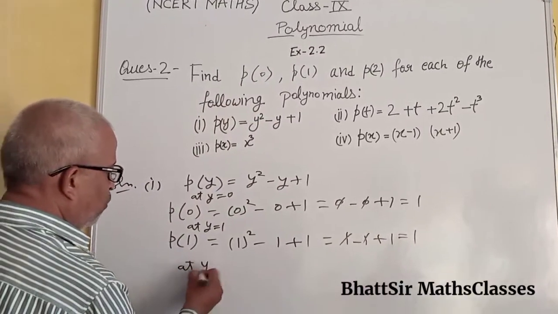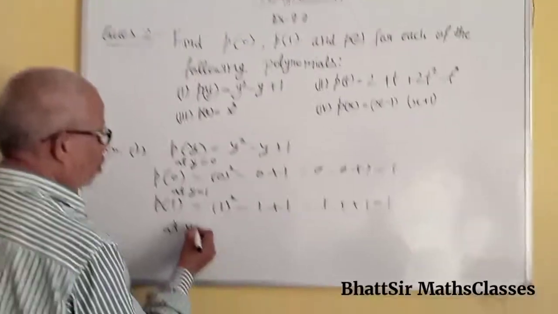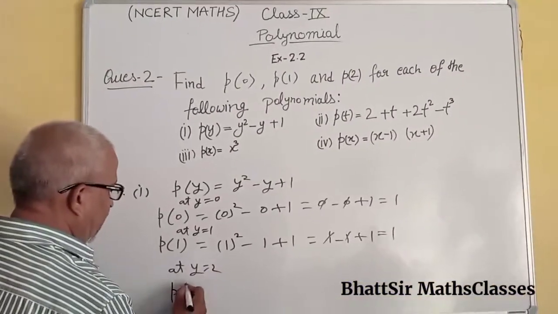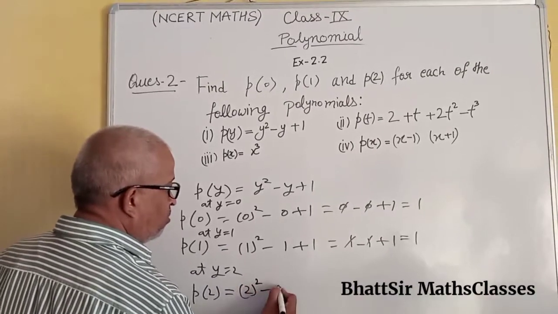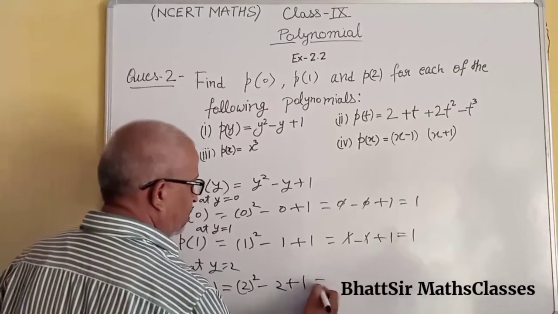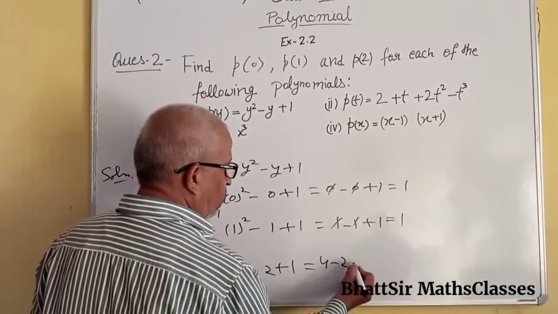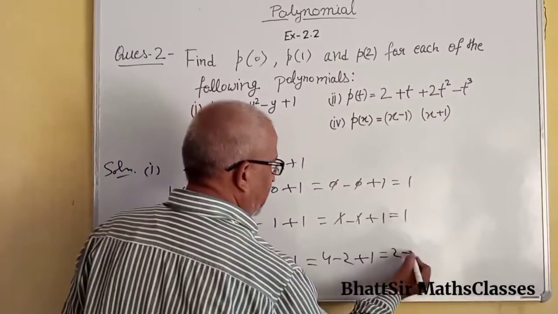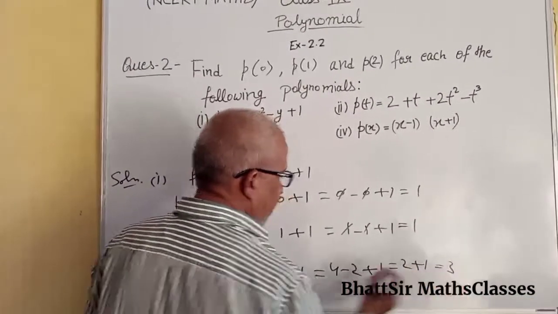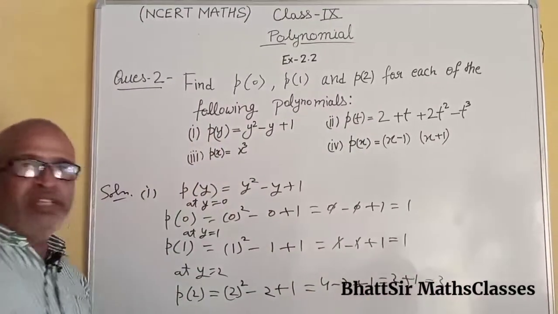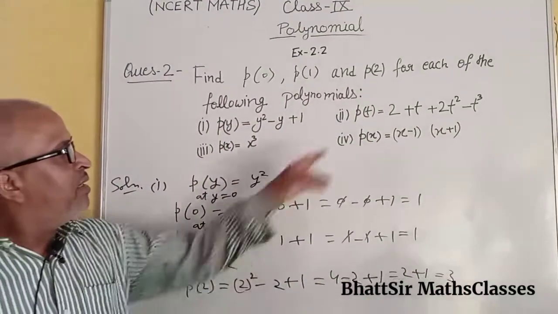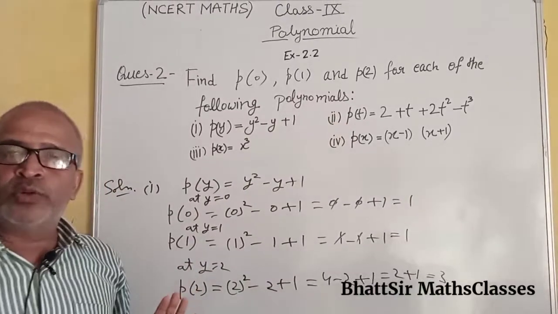At y equal to 2, P(2) equal to 2 square minus 2 plus 1, 4 minus 2 plus 1, equal to 3. So in this way we can find the second part also.